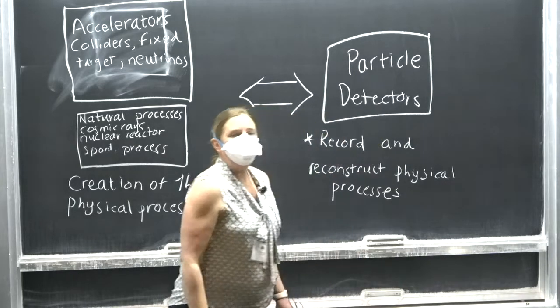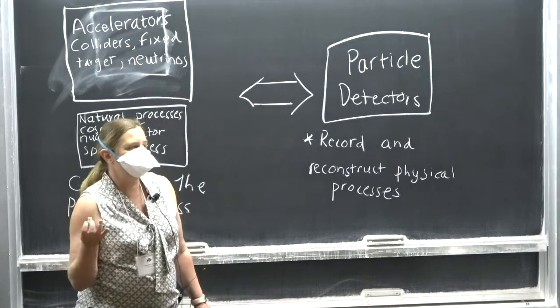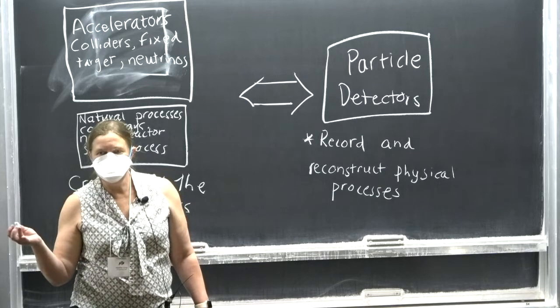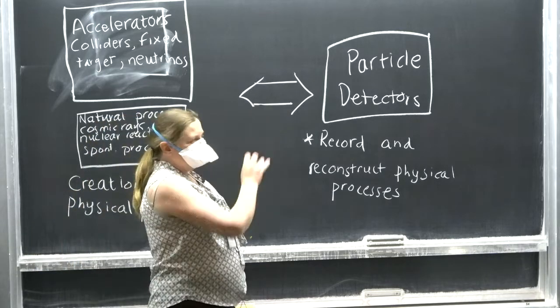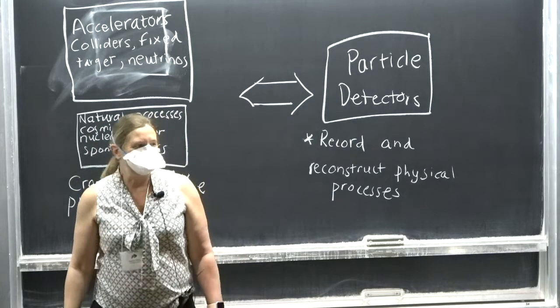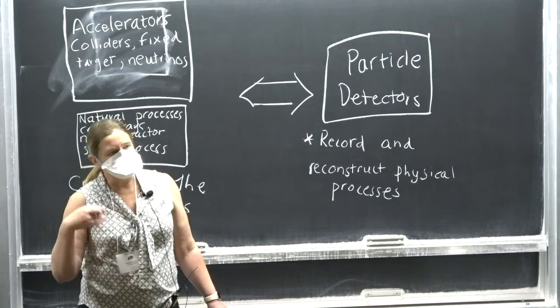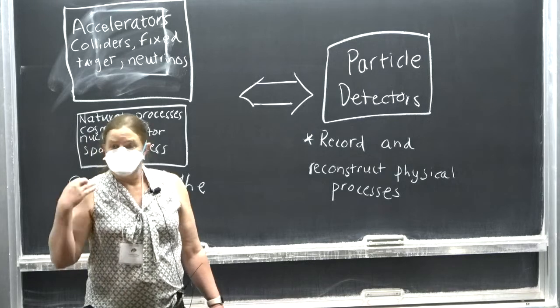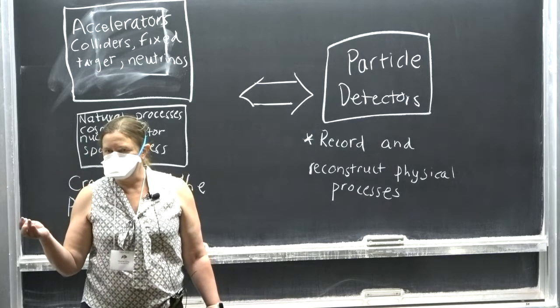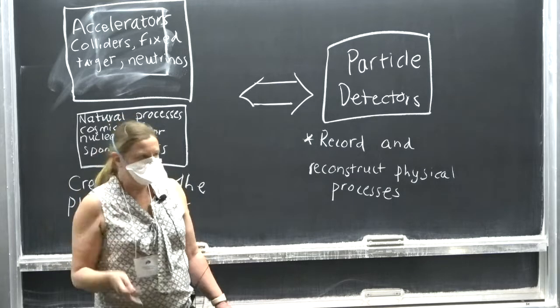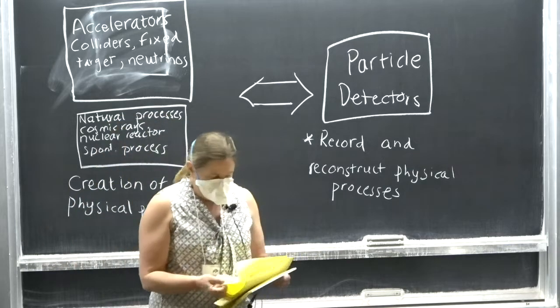Of course, many of the physical processes that we're interested in happen very quickly, and the particles decay. And so it's often not the case that I build a Higgs boson detector. That would make my life really easy. Often what you actually need to do is reconstruct the decay products from whatever particle and then figure out what originally happened. So it's a little bit more complicated than seeing the actual particle that was produced.